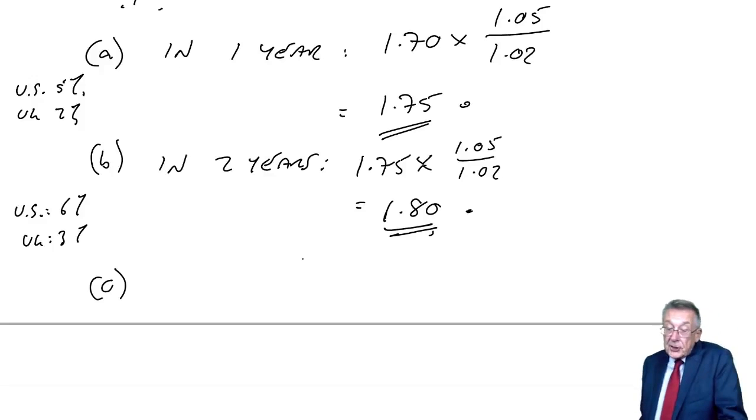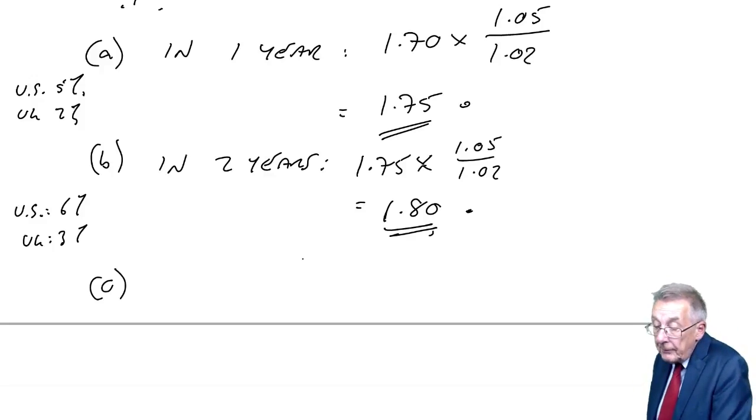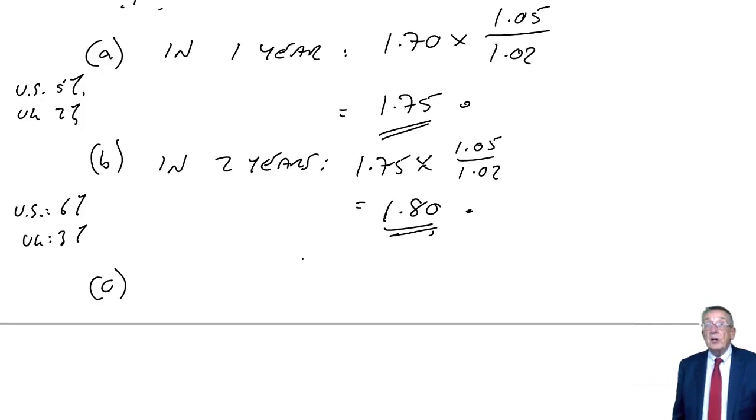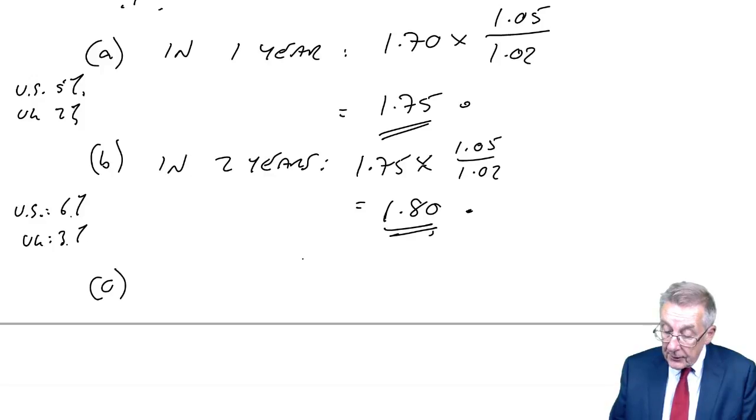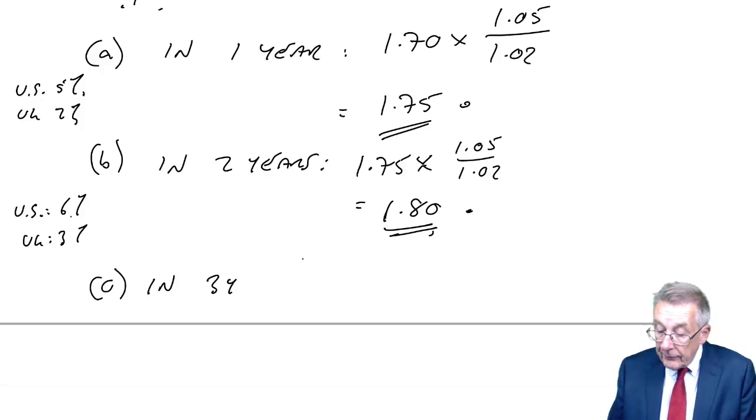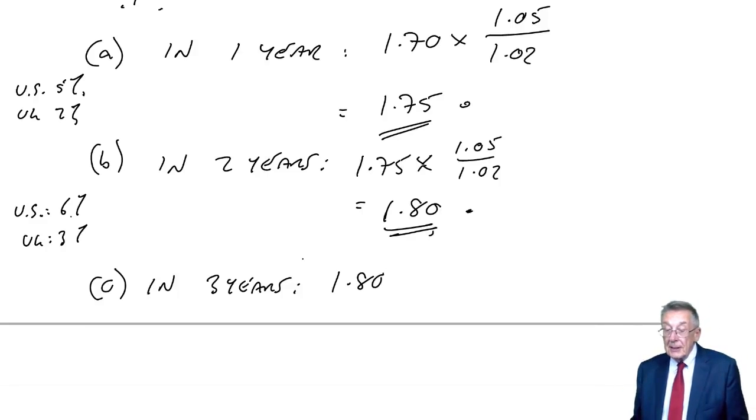Well, no problem. If the first 2 years the inflation was 5 and 2, there we are. There's the forecast spot. If in the 3rd year it was 6 and 3, then the forecast for the spot in 3 years' time, well, it was 1.80 after 2 years.